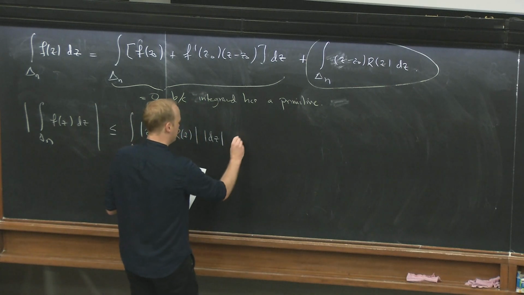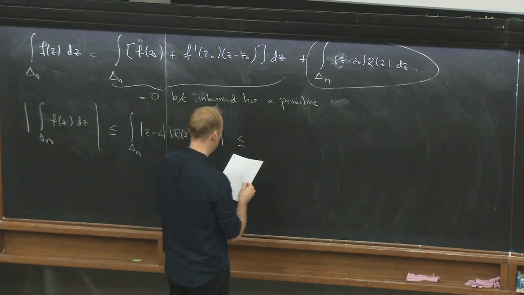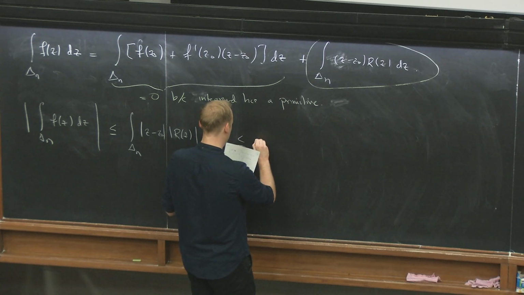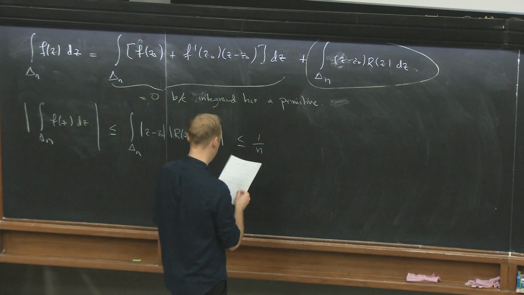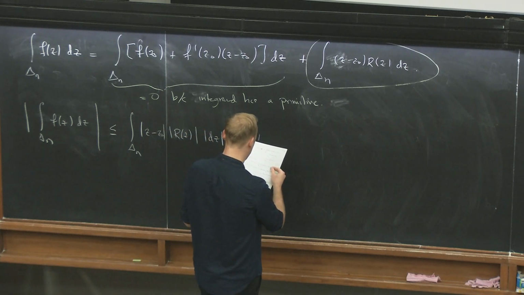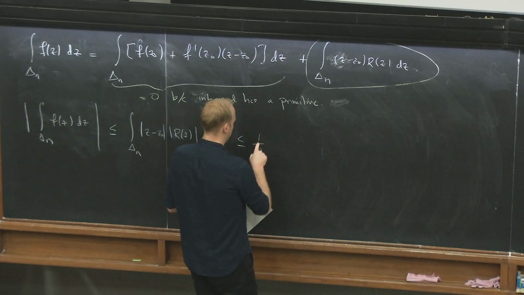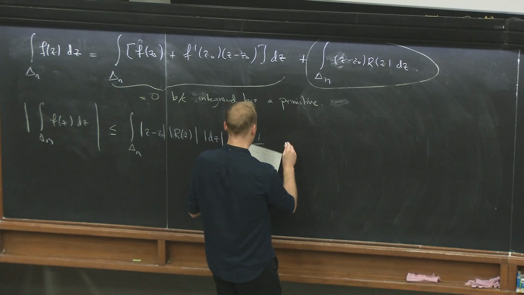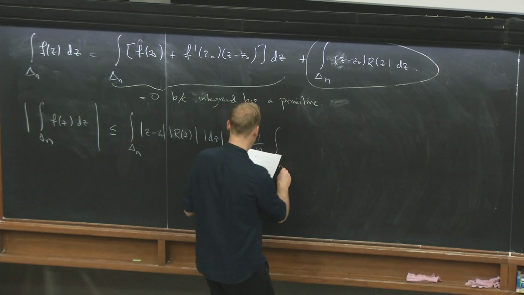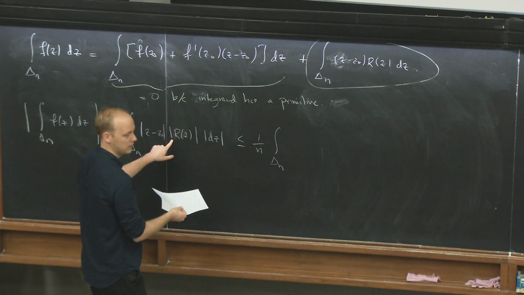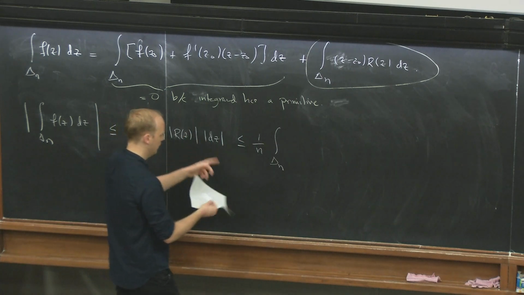Okay, so what is this? So it's less than or equal to this 1 over n. So let's see, will this work? Yes. Okay, so it's less than or equal to our epsilon, our 1 over n, times the integral of, so now I just use that this was less than 1 over n, okay?